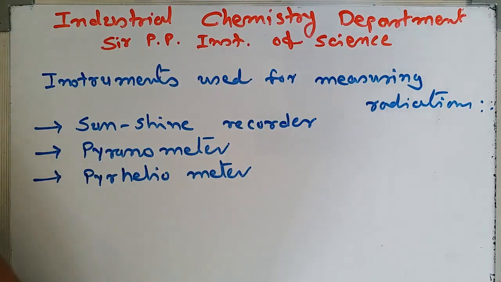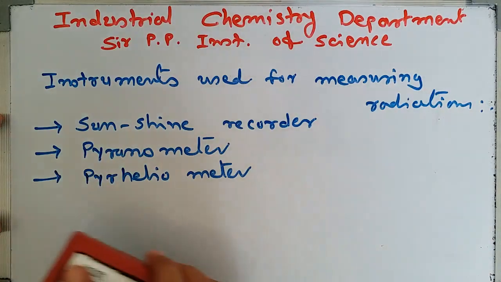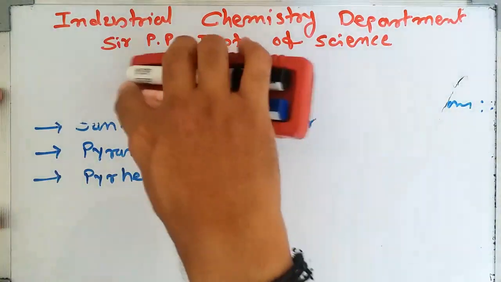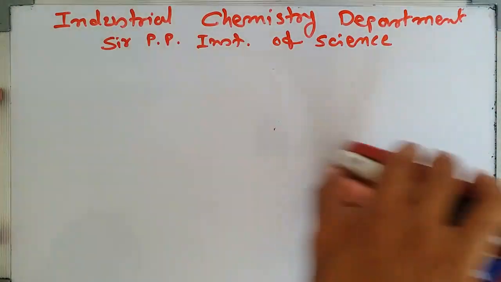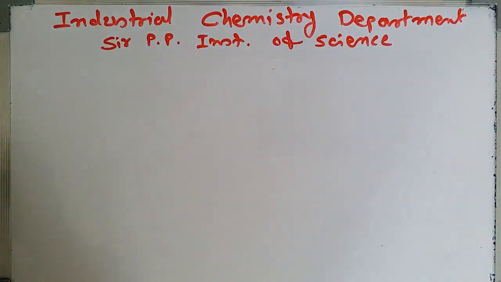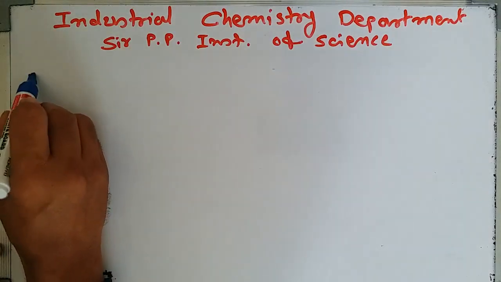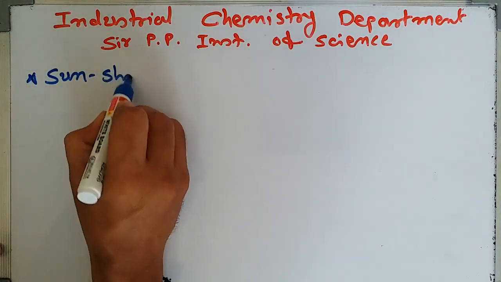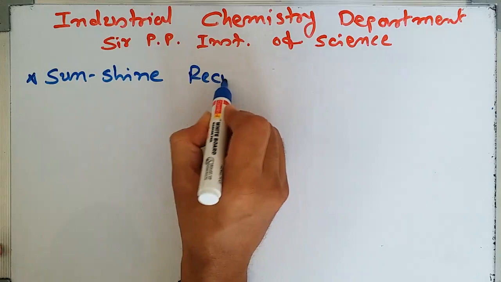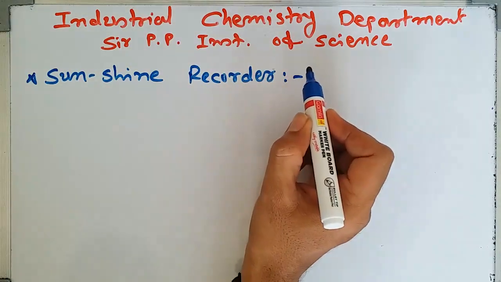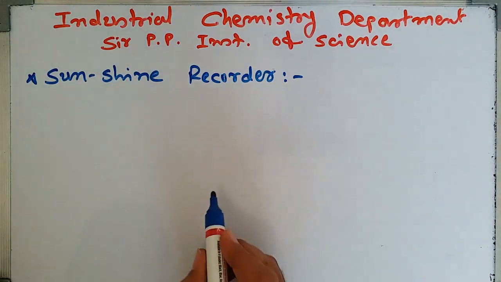So in this lecture we first draw a flow sheet diagram or schematic diagram of the sunshine recorder, and one by one we see the pyranometer and pyrheliometer. We start with the sunshine recorder. We also discussed it in the previous lecture. It is an instrument.